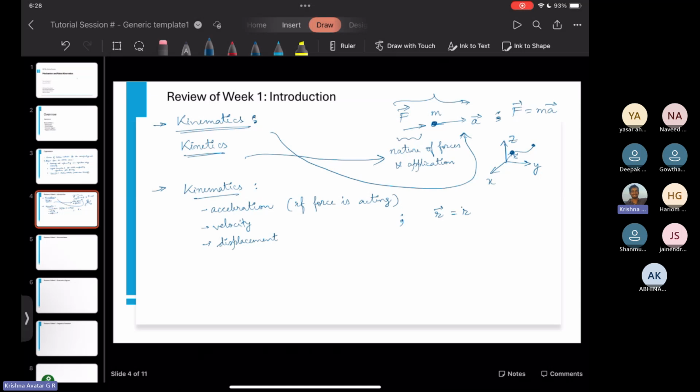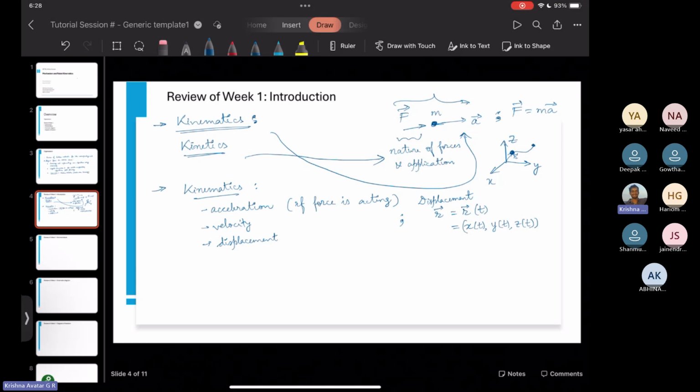The motion will be a function of time, and it's a vector quantity, which means it will have three components: x as a function of time, y as a function of time, and z as a function of time. This is essentially what we call displacement. You know very well the difference between displacement and distance. Displacement only cares about the final and initial points. It does not worry about which path the body took.